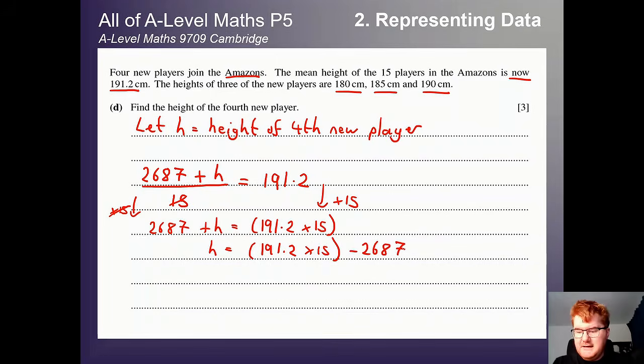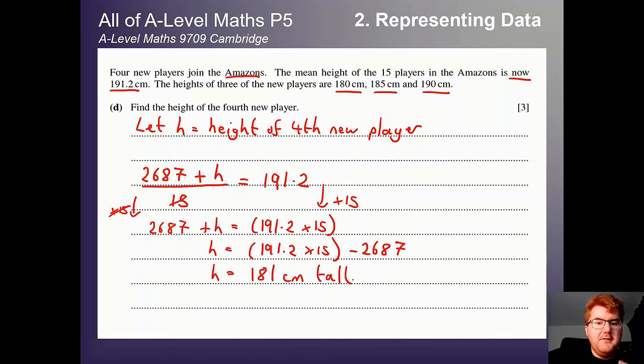Pop this into the calculator, so 191.2 times 15 minus the 2,687. I'm getting, and it's always a good sign when you get a whole number here, h, so the new player is going to be 181 centimeters tall. And that will then give me the 3 marks available.